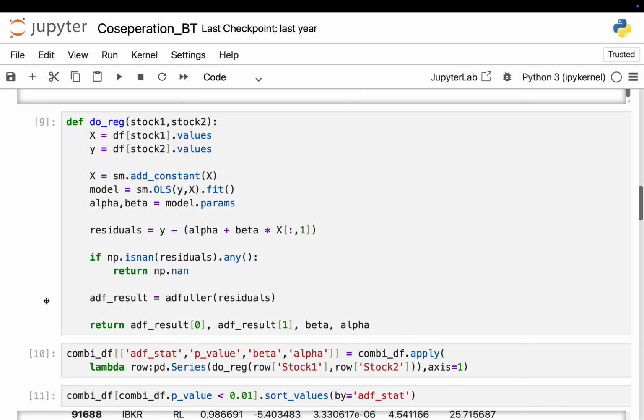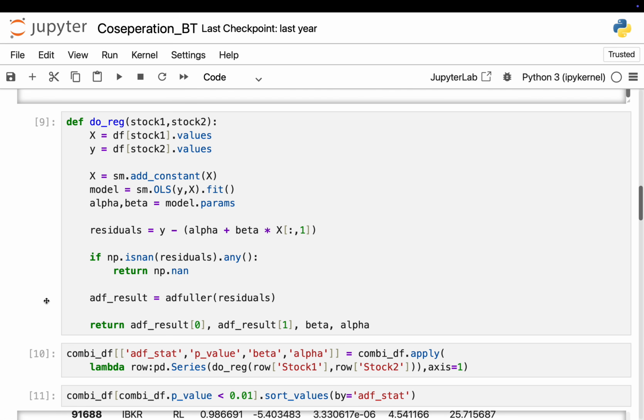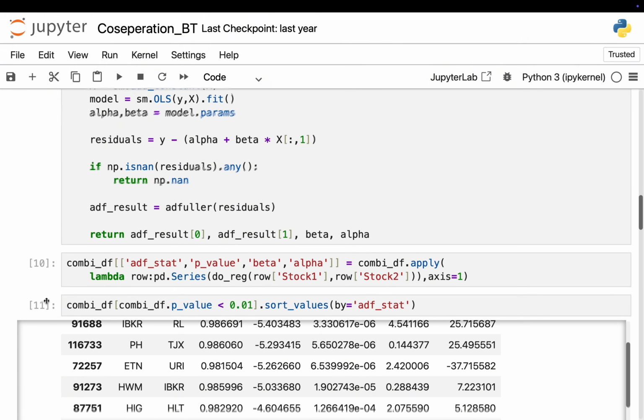The fix is simple and I've covered that in many of my previous videos, so let me know if you need a video link. You just use data up to, let's say, the end of 2022 to find the pairs, then you backtest only on 2023 onwards. Without that split, the results will likely be very optimistic.